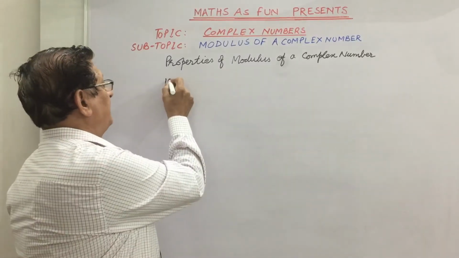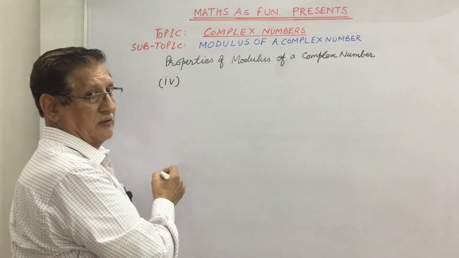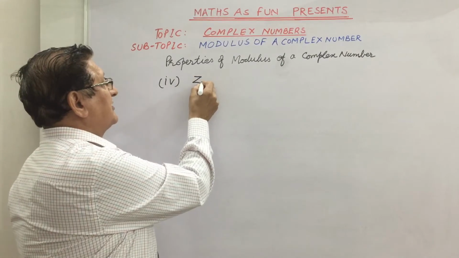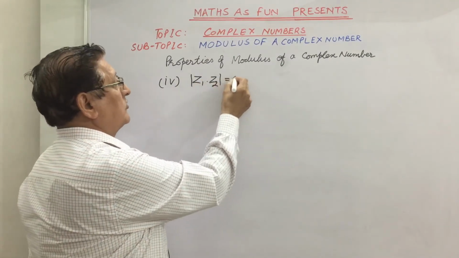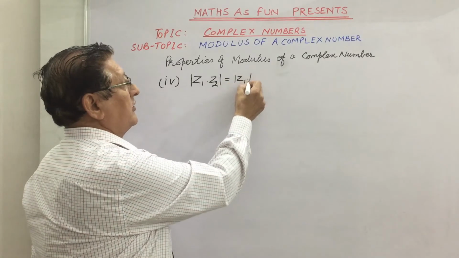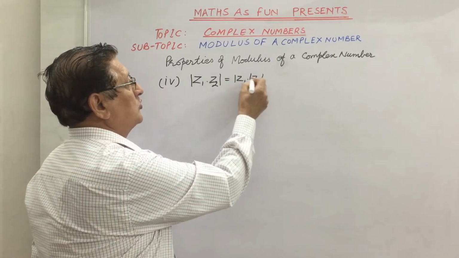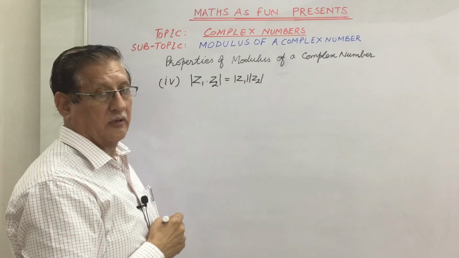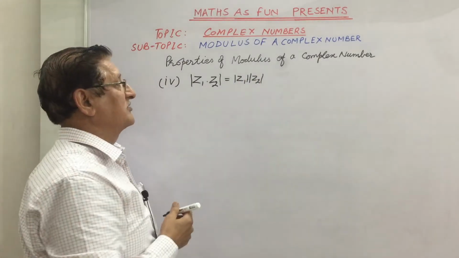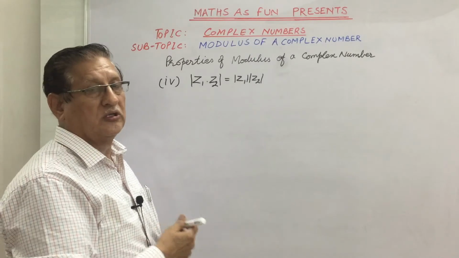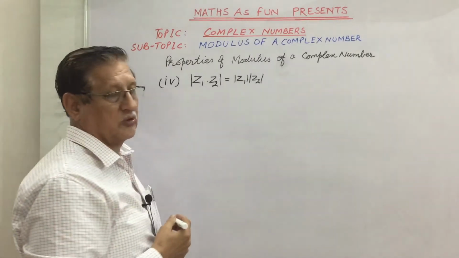Let's learn about the fourth property, which is z1 into z2, modulus of it is equal to modulus of z1 into modulus of z2. It means the modulus of the product of two complex numbers is equal to the product of their moduli.